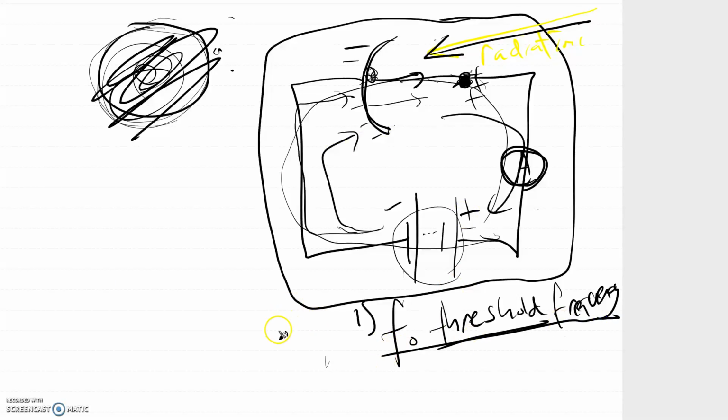So, yeah, that's the first thing they observed, and the second thing they observed was that even when you had a light that was really weak, if that light had a frequency greater than the threshold frequency, then the electrons came out.